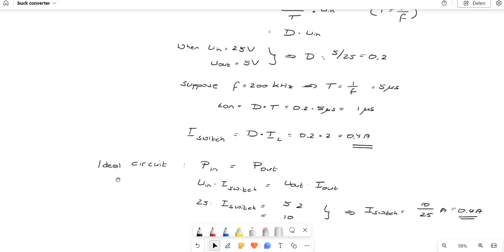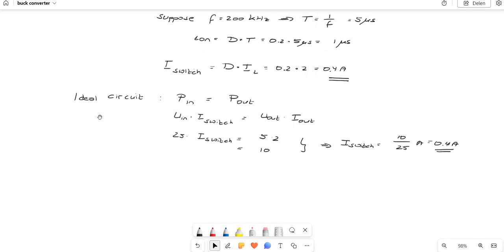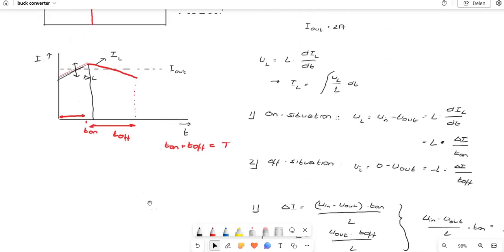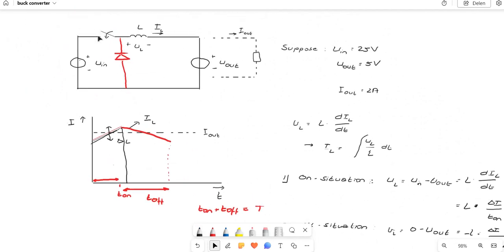All right, and then of course we can also calculate the average current through the diode, because using Kirchhoff's law, the average current through the diode is equal to the output current minus the input current.